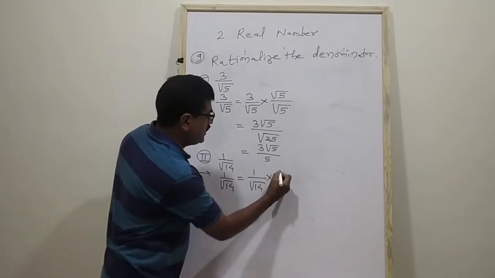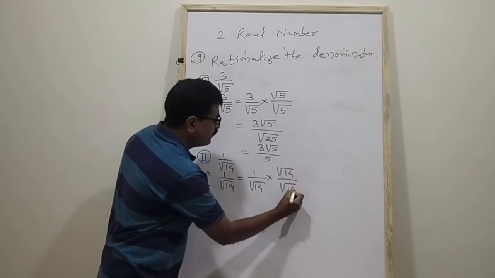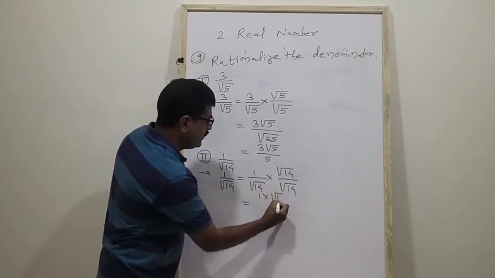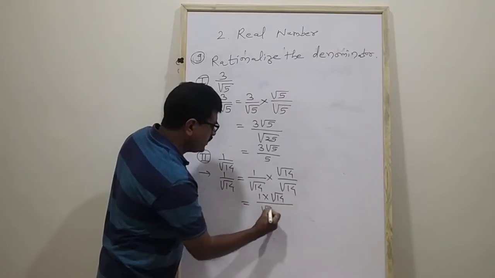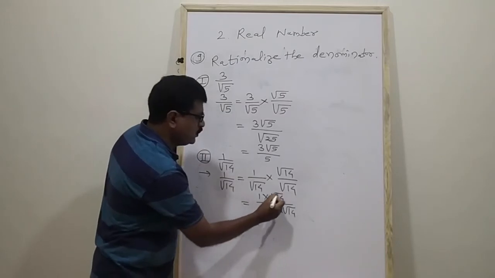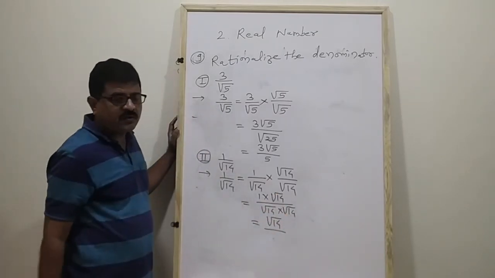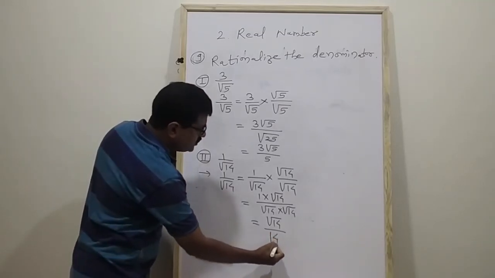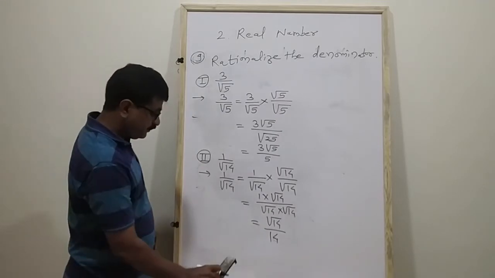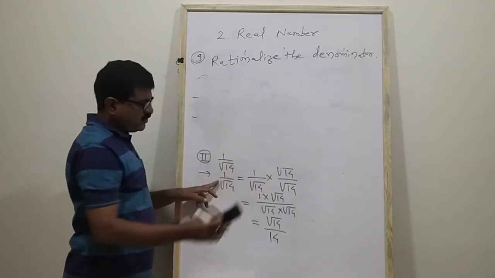Therefore multiplying by square root 14, numerator and denominator, is equal to 1 into square root 14 divided by square root 14 into square root 14, is equal to square root 14 divided by square root 14 into square root 14 is 14. This is a rational number. That is the denominator is a rational number. That is we rationalize here square root 14.